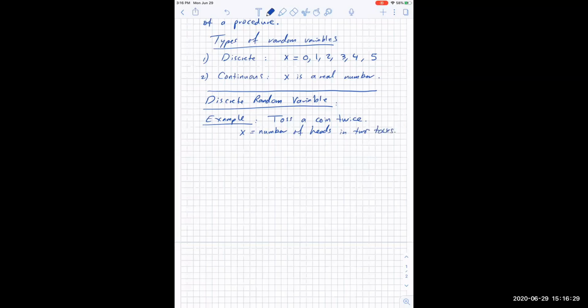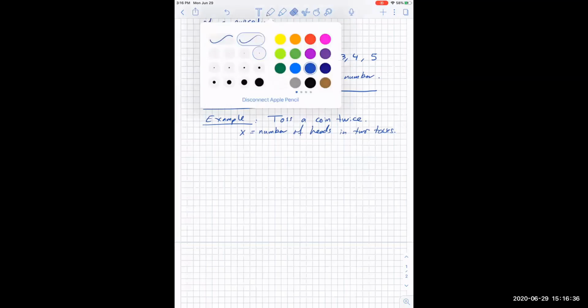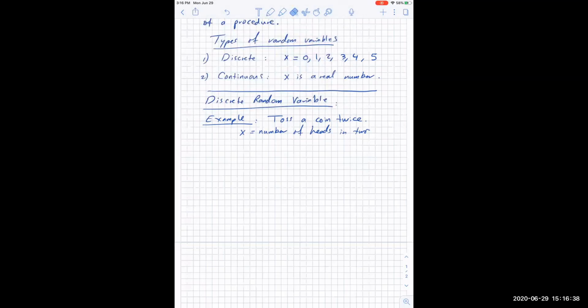So we're going to toss a coin twice. This is the entire experiment, a very simple experiment. And after 2 tosses, we're going to record or determine the value of X. In this case, X is the number of heads in 2 tosses.